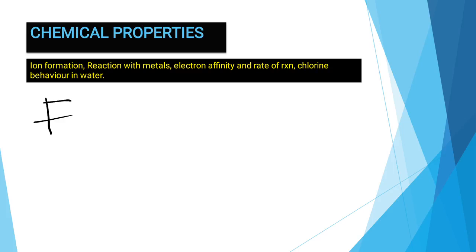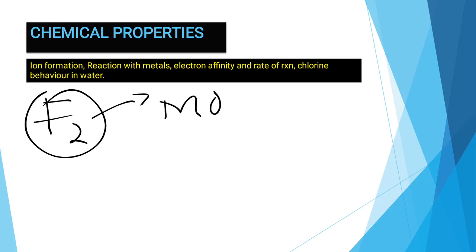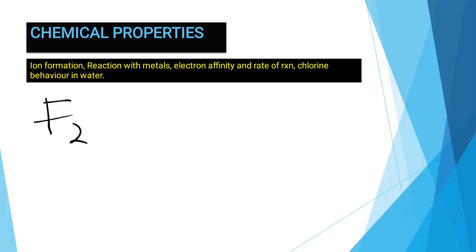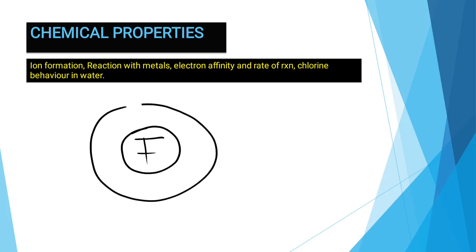They are all diatomic molecules, and the fact that they are diatomic molecules is what results in the molecular structure. So we have one fluorine atom having 7 electrons in its last energy level.